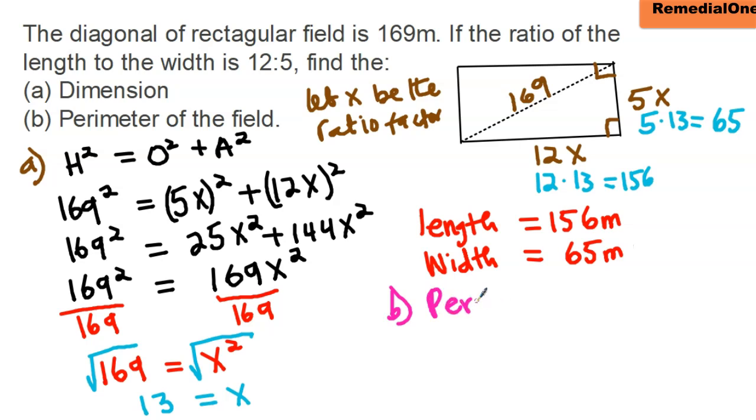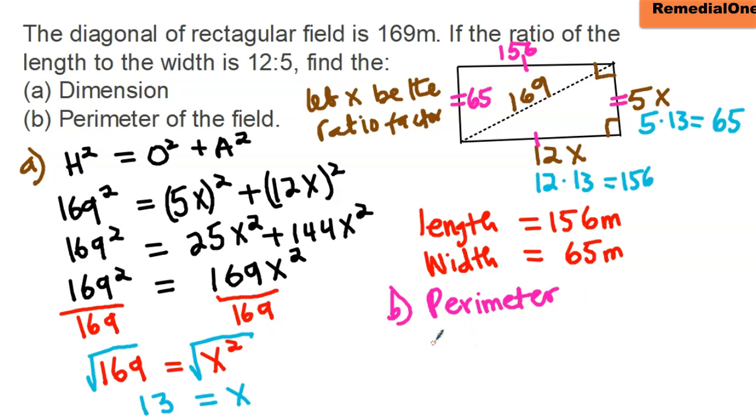The perimeter of the field is just the surroundings, so we are going to add the surroundings. Here is 156, and the opposite side is congruent, so here is the same as here, 156. Here is also congruent to this one, so here is going to be 65.